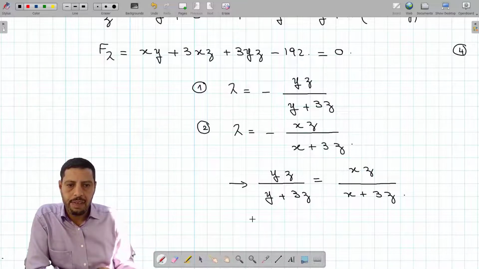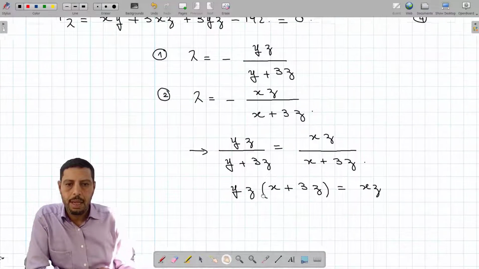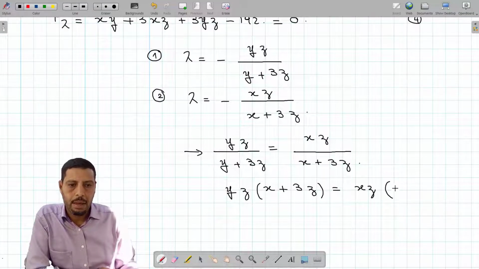Here we're going to cross-multiply, so yz times (x plus 3z) will be equal to xz times (y plus 3z).